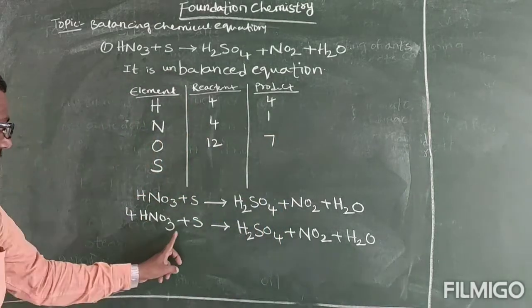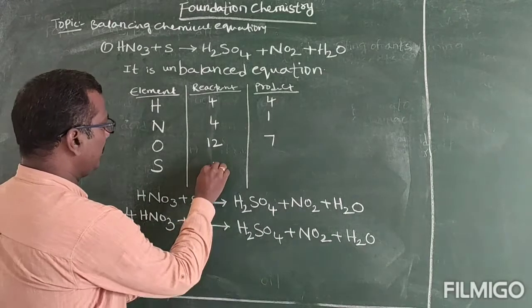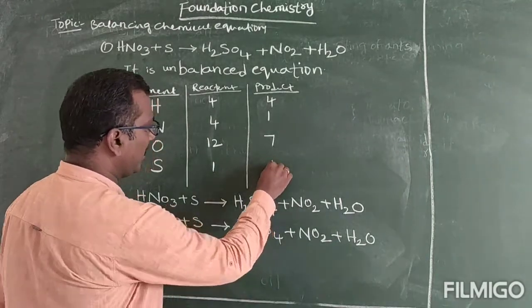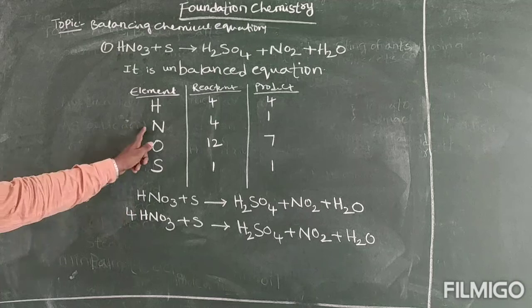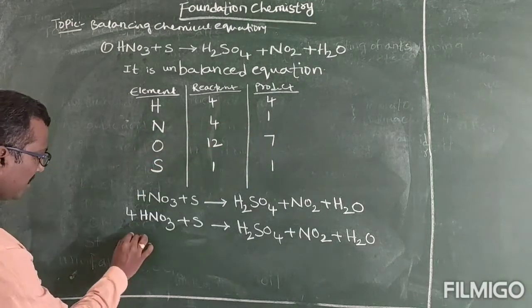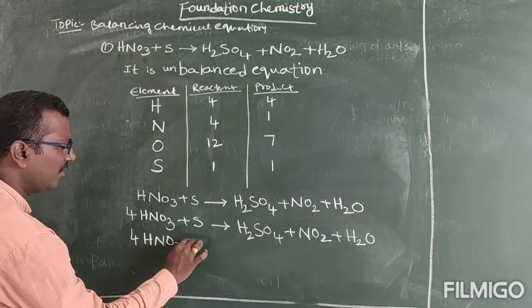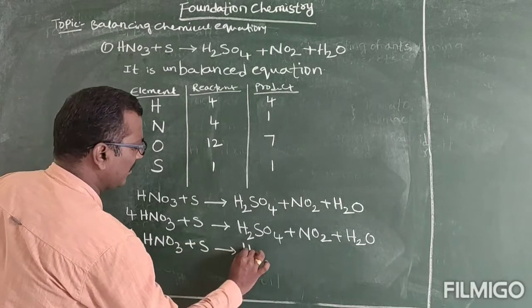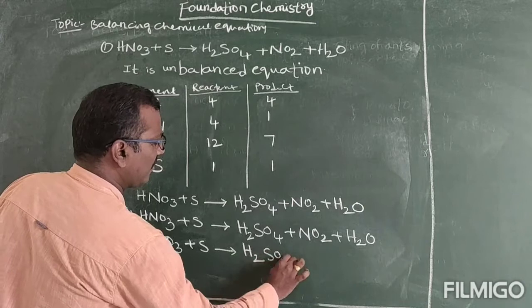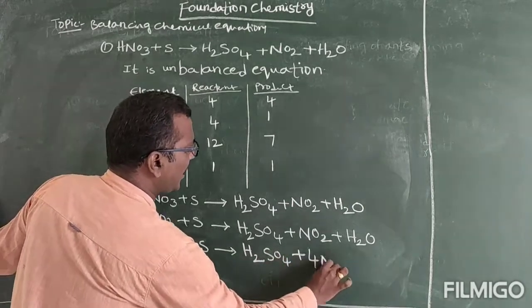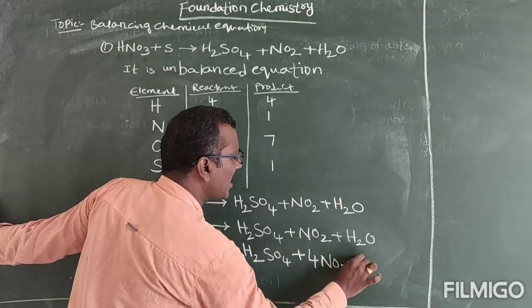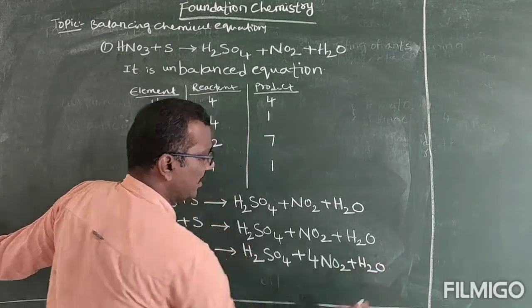And sulfurs here it is 1 and here also 1. Now nitrogens are changed. Let us balance nitrogens on the product side: 4NO2 plus H2O, I have done.